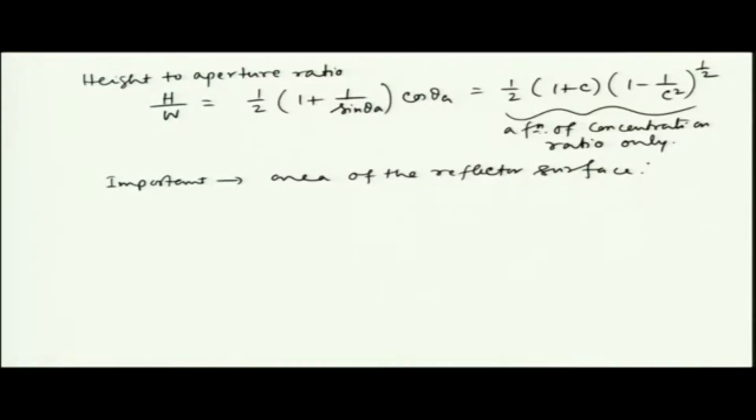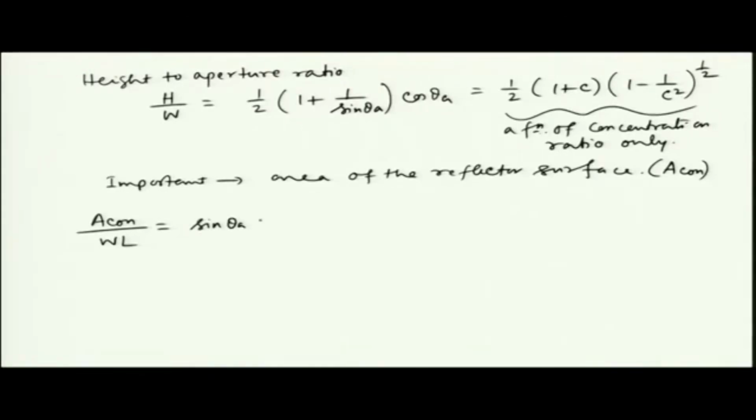So, let us say that is area of concentrator or reflector, okay, A con, and that A con divided by W into L. L is the length perpendicular to the direction of the board.